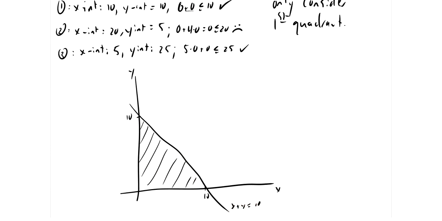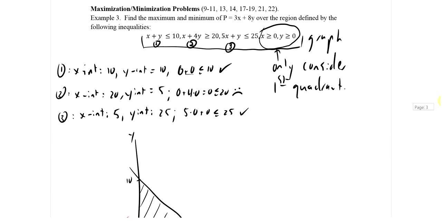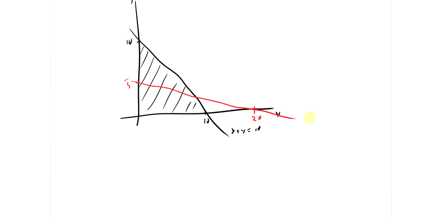This line, we will do in red. The x-intercept is 20, out here somewhere. The y-intercept is 5, in here somewhere. And so our line looks like that. The second line is x plus 4y equals 20.